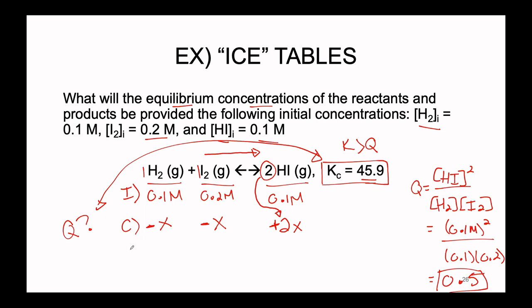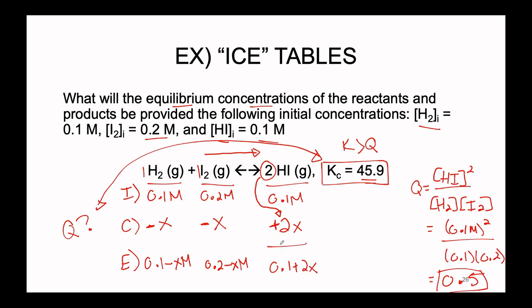So what this tells us is that at equilibrium, we will end up with a 0.1 minus X molar solution or collection of this H2 gas. We will have a 0.2 minus X molar collection or sample of this I2, and we will have a 0.1 plus 2X sample of our HI.